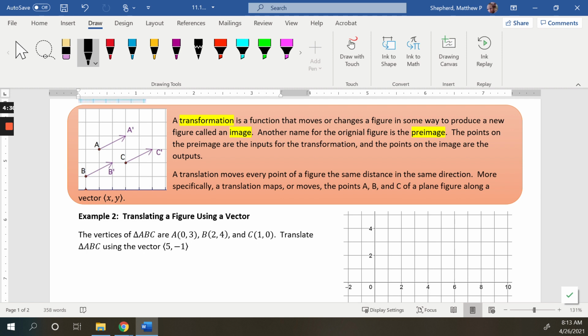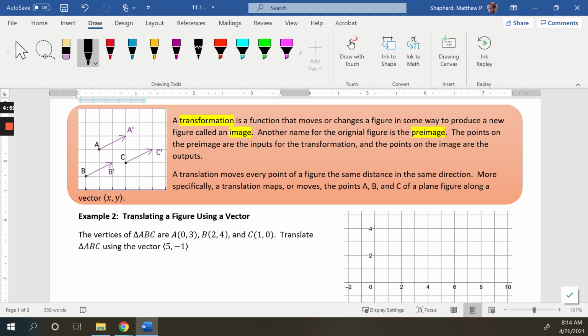Notice how first we have B written normally, and then the transformed B has a little apostrophe mark after it. We call that prime. So this is B, and then it goes to B prime, A to A prime, C to C prime. Those primes represent the images, whereas A, B, and C represent the pre-image.